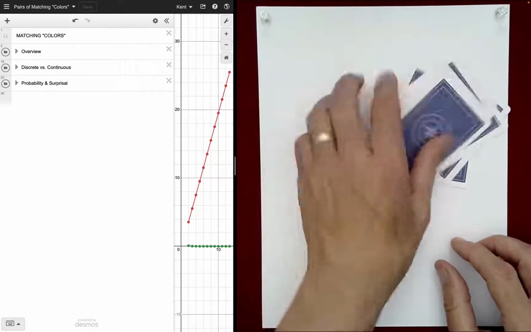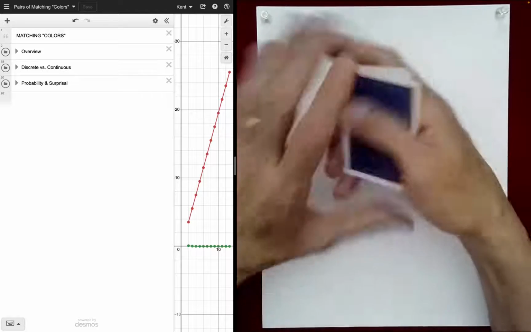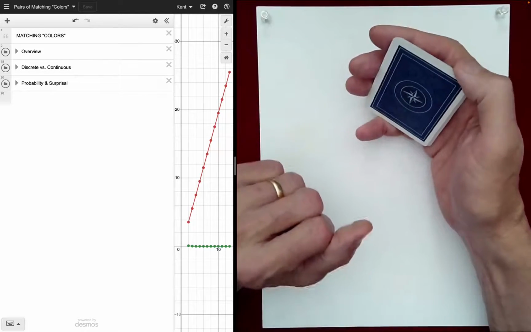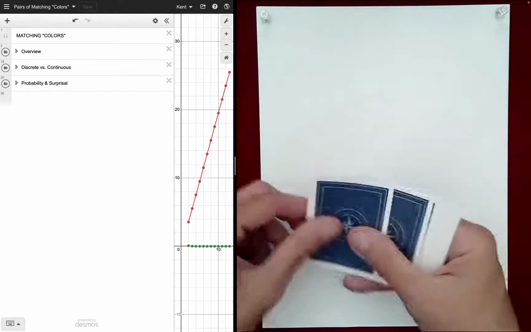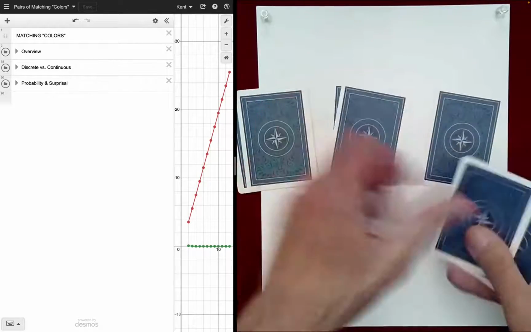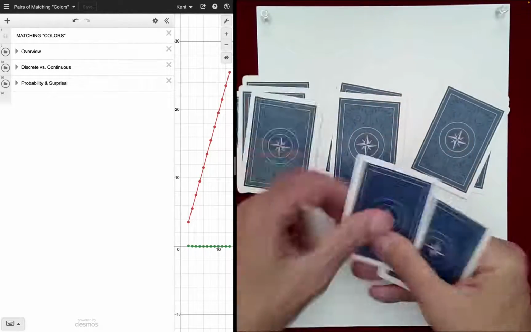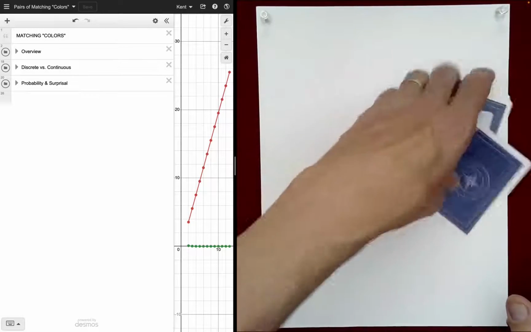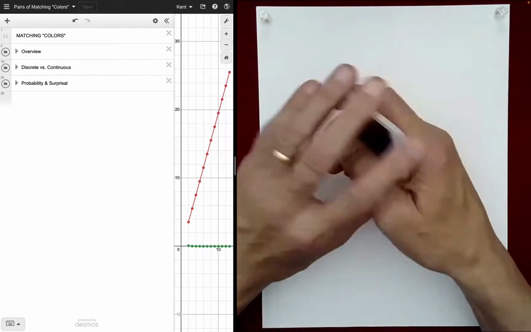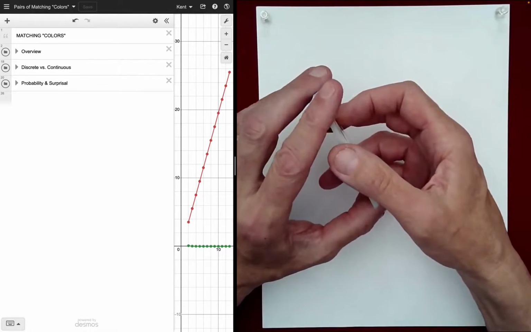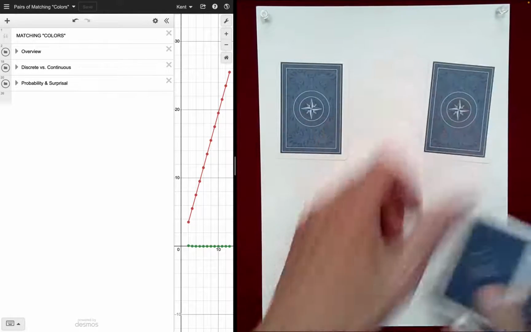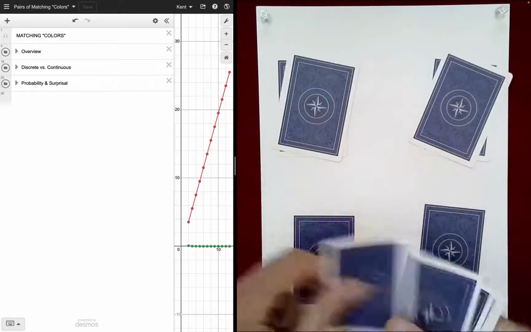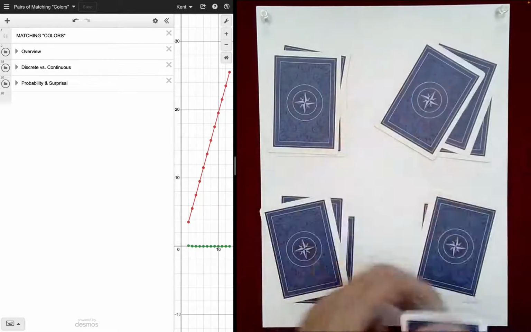Left on right, okay. Would you like to do any more dealing into 3? Okay, 1, 2, 3. You want left to right this time? Would you like to stack into 4 piles? You would. Okay, 1, 2, 3, 4.